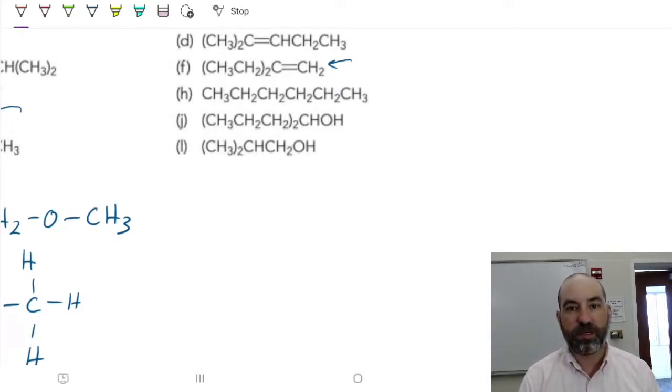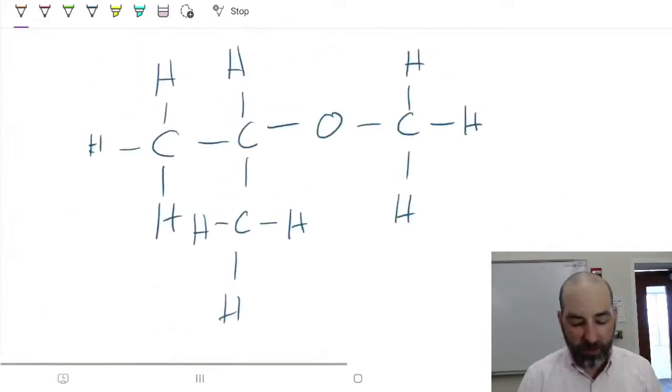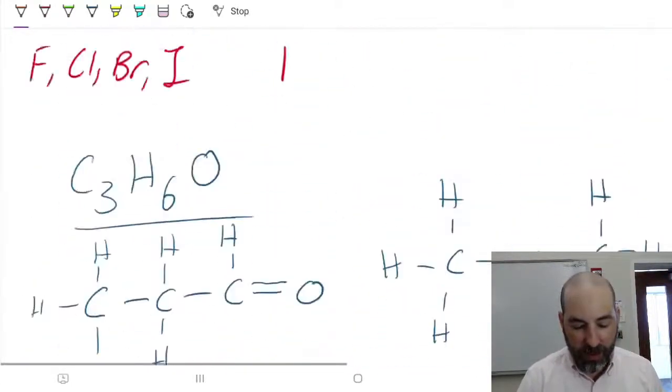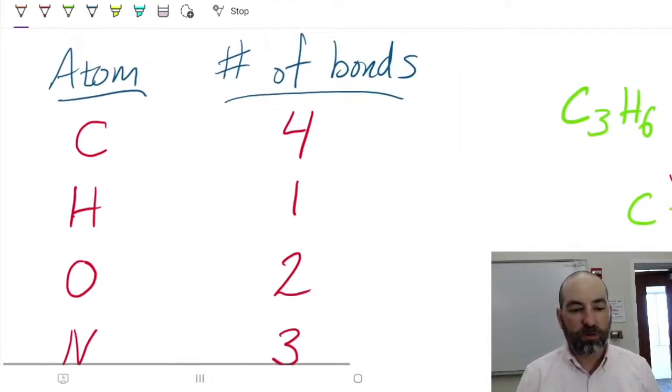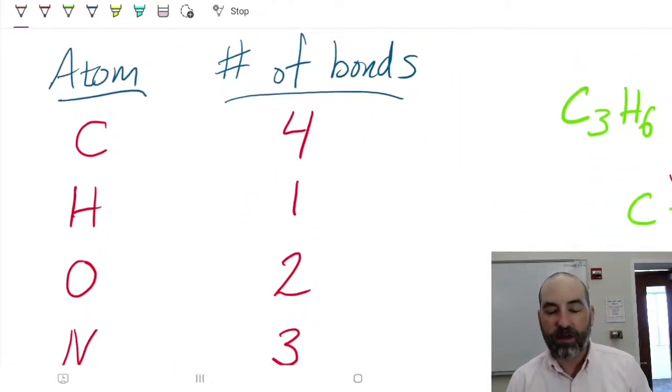Sometimes the parentheses means just those many things connected in a row. Other times it doesn't, and the way we know whether it is or it isn't is we go back to those original rules and think about what would happen if we connect these things in a line. Would there be enough bonds on everything or not?